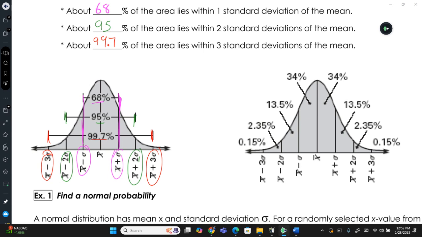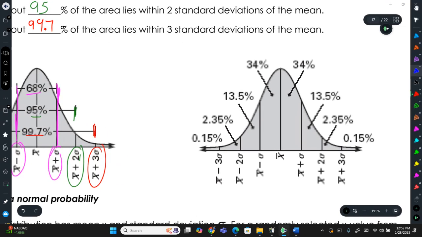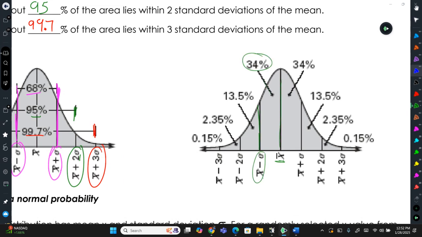Now you can break that up even further because a normal distribution is symmetrical around the mean. What if I just want the data between the mean and one standard deviation below it? So what if I just want this section? Well, this section is just 34%.